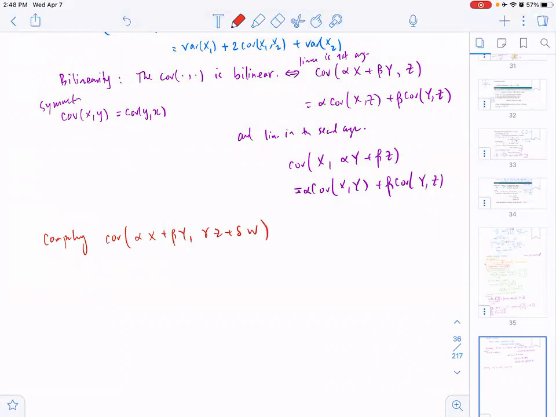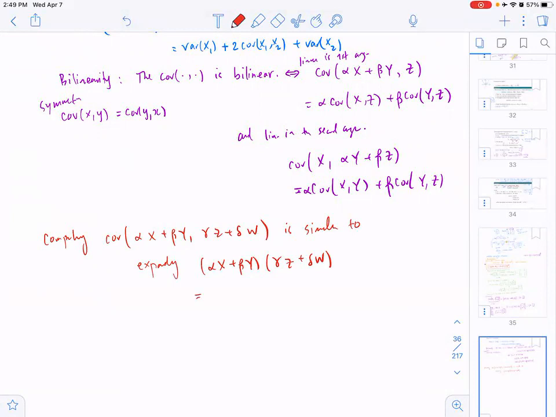Effectively, computing this is similar to expanding alpha x plus beta y times gamma z plus delta w. So think of just multiplying things out.